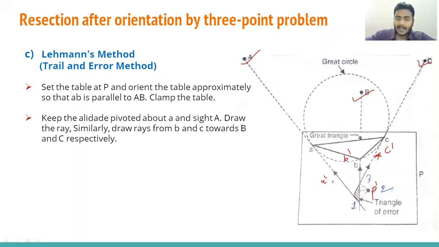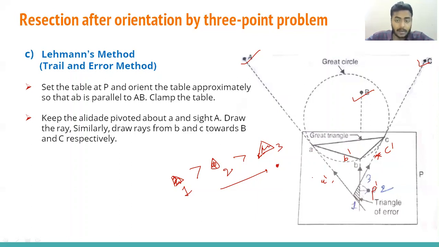But you will see that the area of the triangle in the second case was smaller than in the first case. Then according to Lehmann's rule, again choose another point P double dash and find that area; it will be less than the second one. So we have to do this procedure multiple times, right? And once it reaches a point, we can say the table is properly oriented.